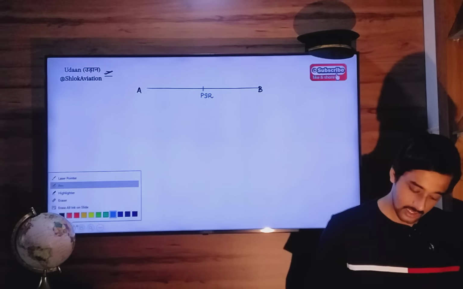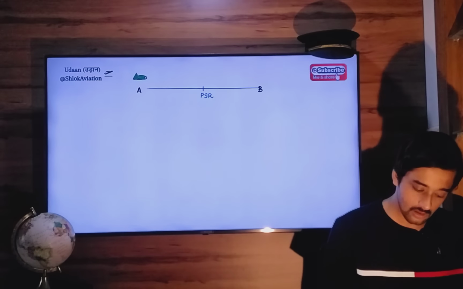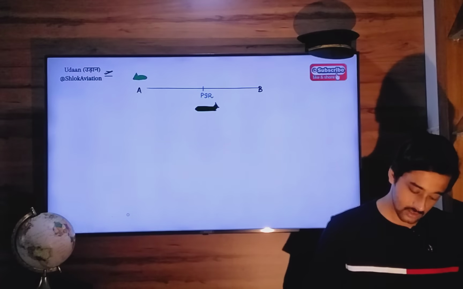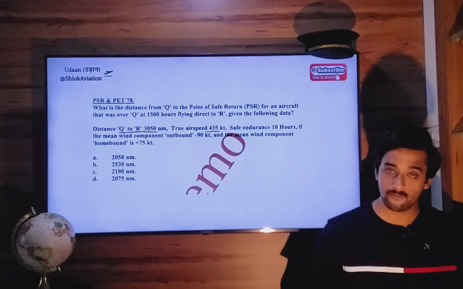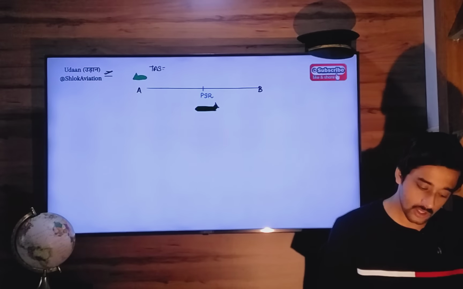Let's draw aircraft on the outbound leg. In both cases the true airspeed of your aircraft is 435.